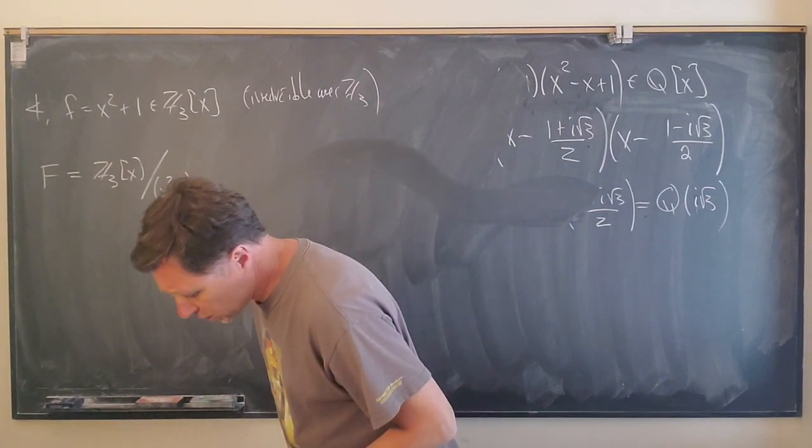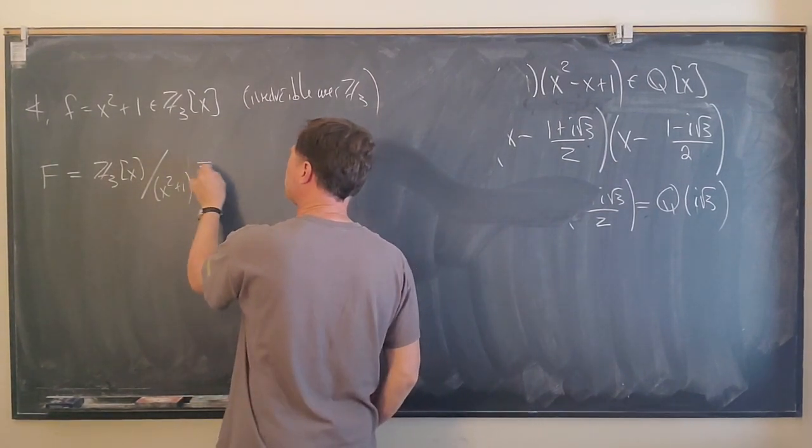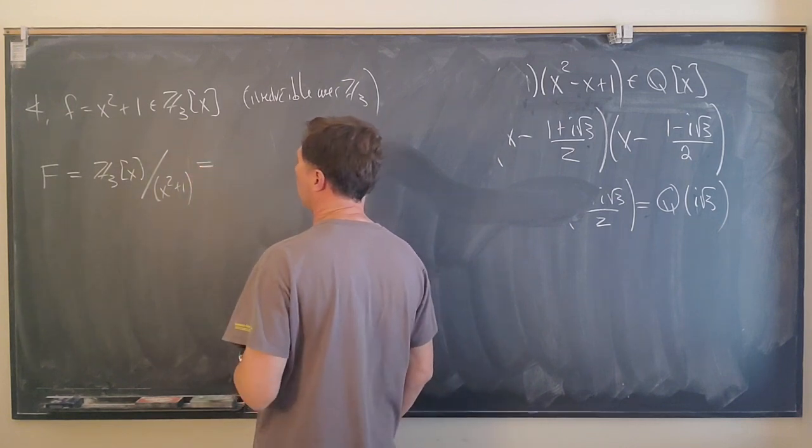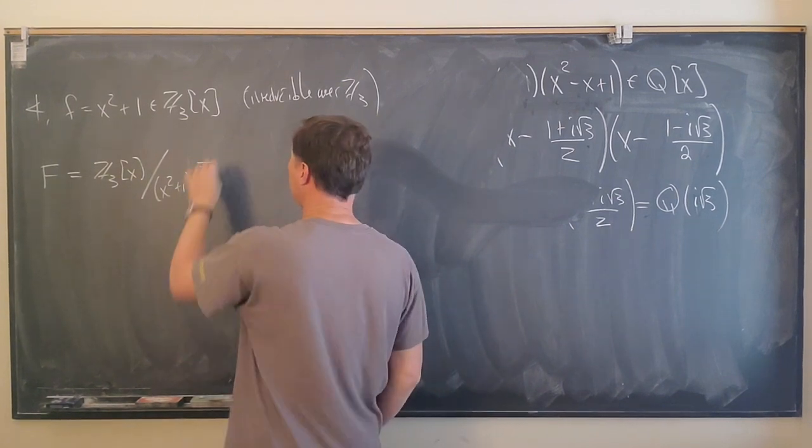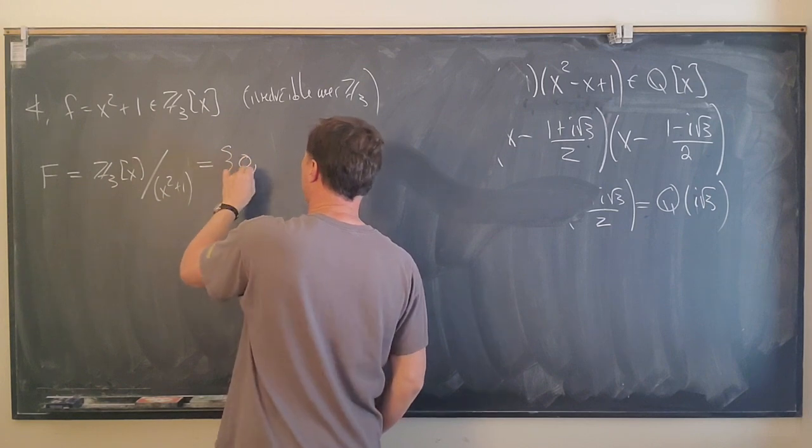Now, what does this look like? So let me write this out. It turns out that this is a field of order 9. So it's got 9 elements in there. Let me write them down.